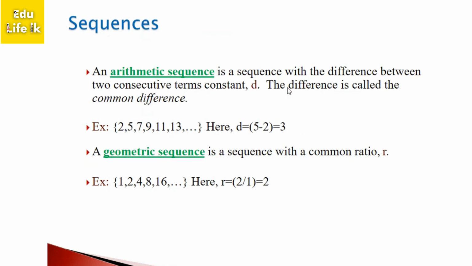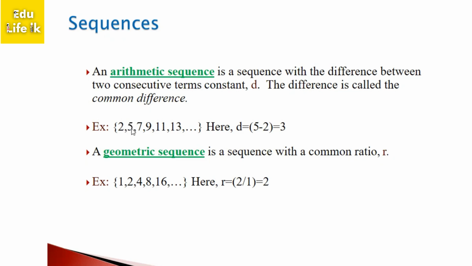An arithmetic sequence is a sequence where the difference between two consecutive terms is a constant d. The difference is called the common difference. So how do we find that common difference?